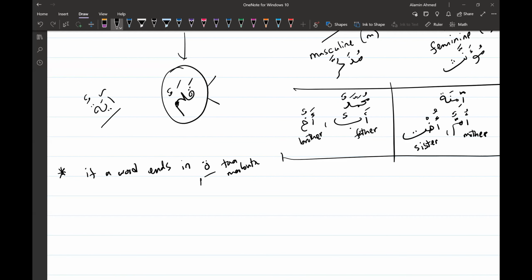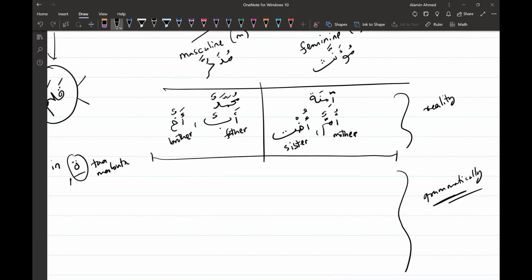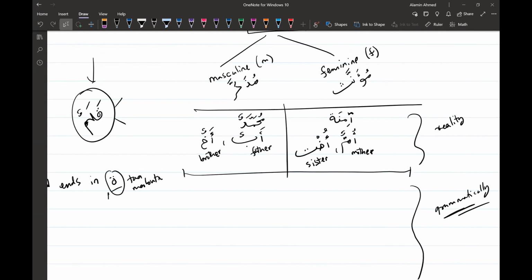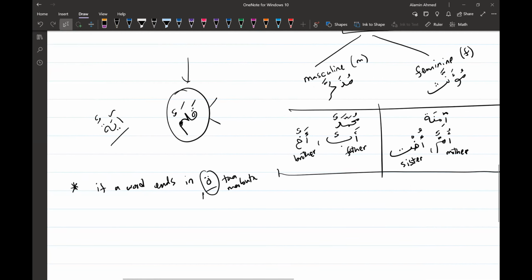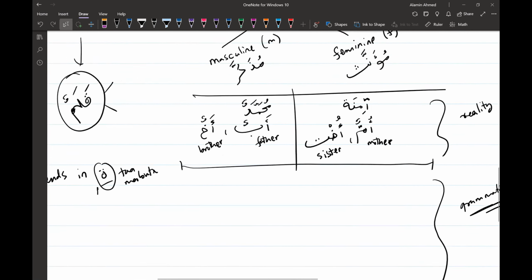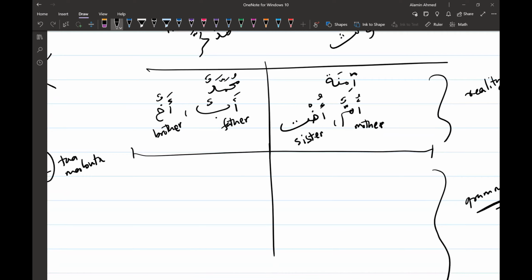If a word ends in ta marbuta, then grammatically we consider the word to be feminine, mu'annath. So this word we have to drag all the way to our mu'annath category. So what we have is ayatun, which is feminine.